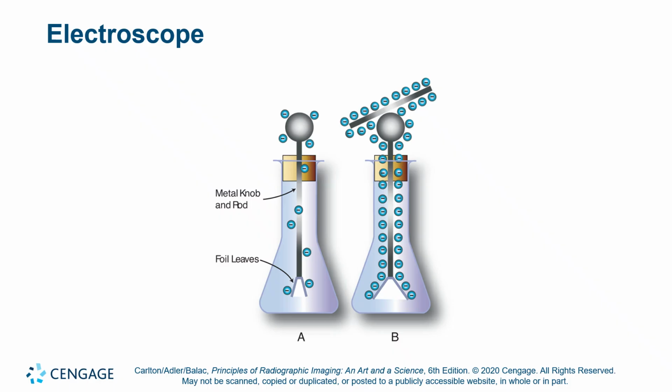And so as the foil, the very thin, usually gold foil for an electroscope, acquires more and more charge, you notice there's two foil leaves. Well, if they acquire the same charge, they actually start repelling each other. And so the spread of the leaves gives you the magnitude of the charge, basically.